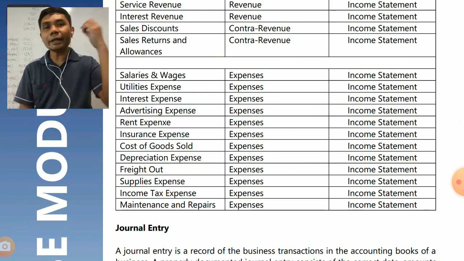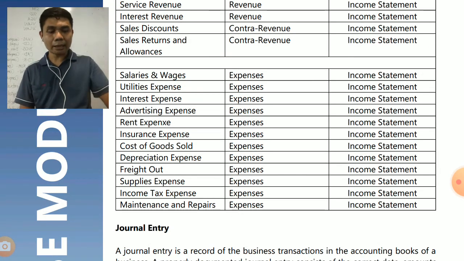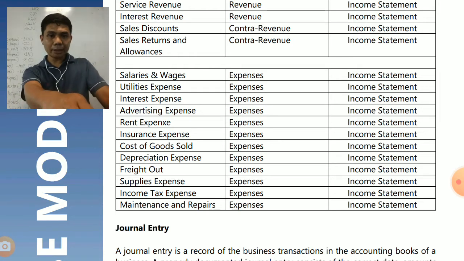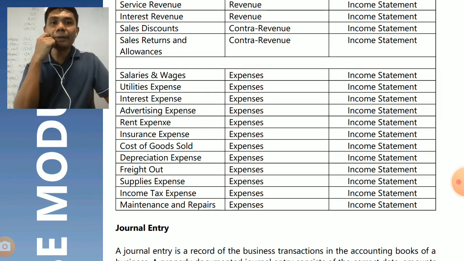Another set of accounts are the expenses accounts. Mao ni ang tanang gasto nga na-incur sa business. Salaries and wages, nagbayad ka og sweldo sa imong mga empleyado. Utilities expense, nagbayad ka og kuryente, tubig, PLDT, mga ingana nga bills.